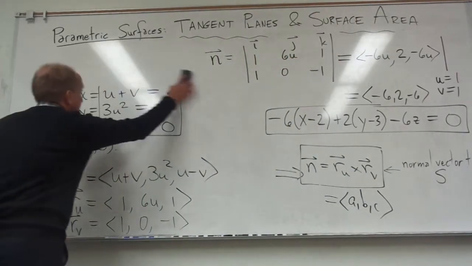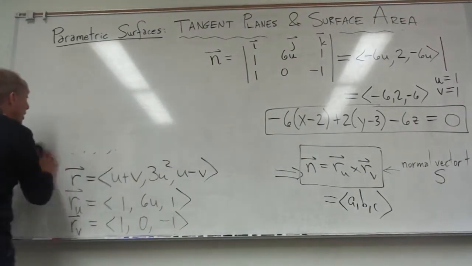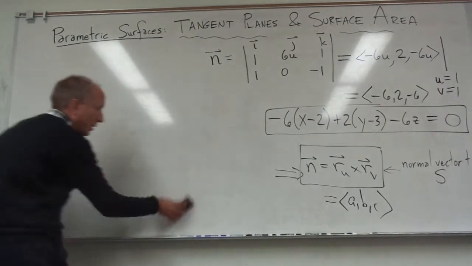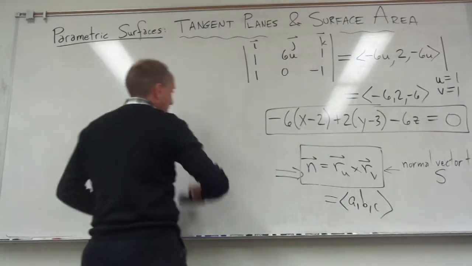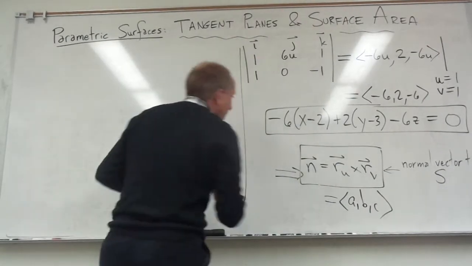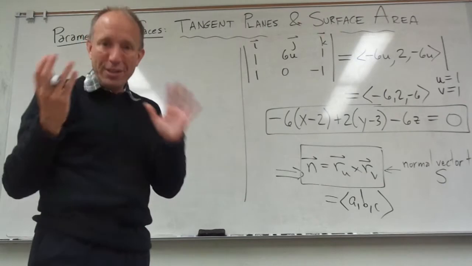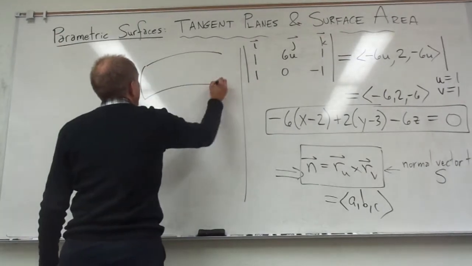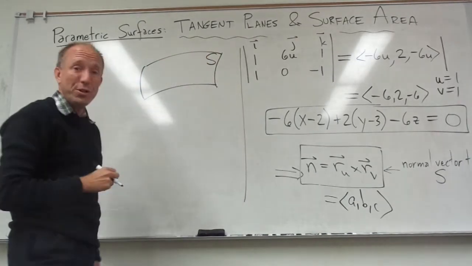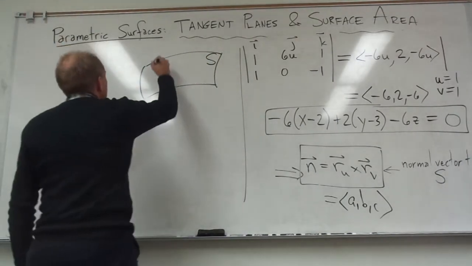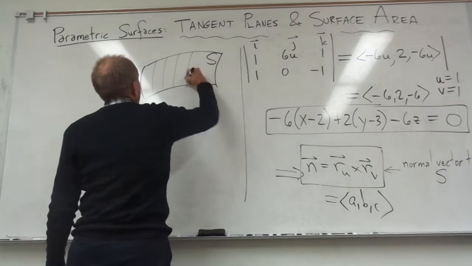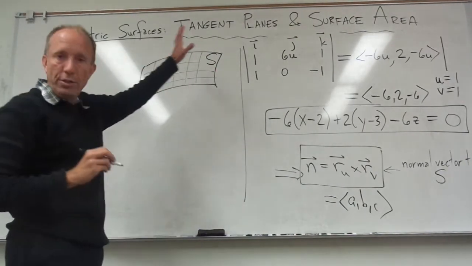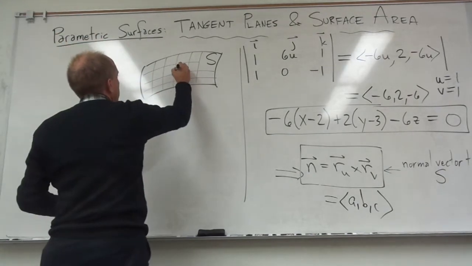What about surface area for a parametric surface? Well, it turns out that to do the surface area, there's going to be a very simple formula for that as well. Essentially, if you look at your parametric surface here, the parameterization is chopping up your surface into these little parallelograms.